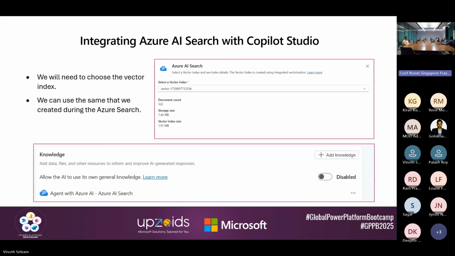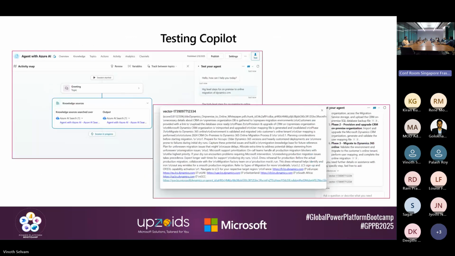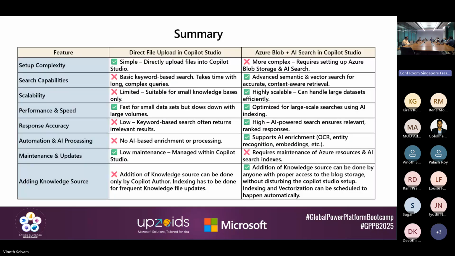Once done, obviously we'll be able to see the response that is coming. Even the Copilot itself has an option to directly upload the file. For simple files, and for whichever is restricted, it still works.